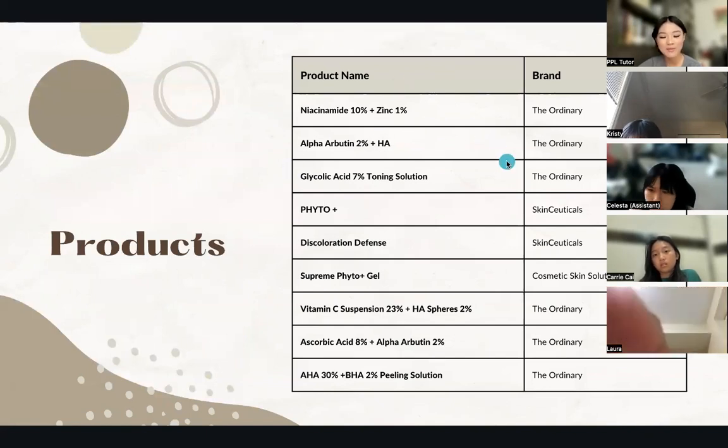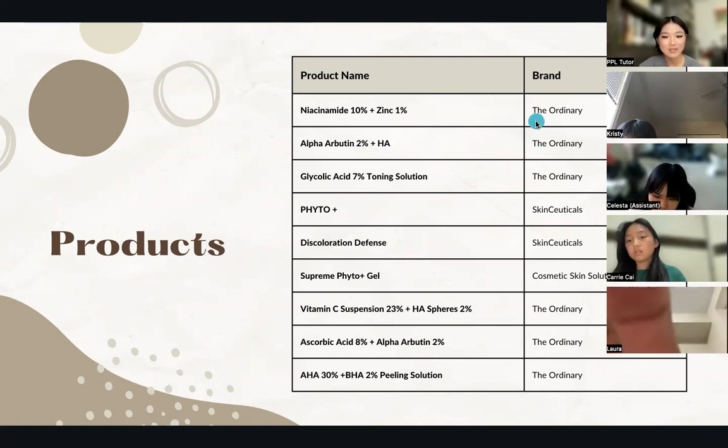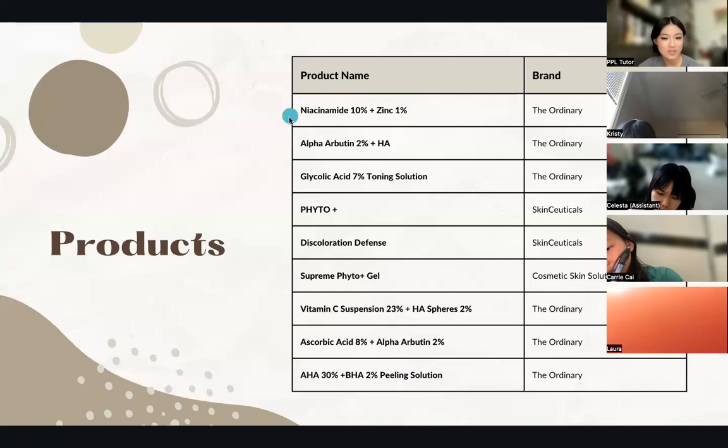One of my favorite brands is The Ordinary. I'm not sure if you guys have heard about it, but it's very affordable. Like this serum is, I think, like $10, not even $10. And it's very high concentrations of these ingredients. Niacinamide is great for your skin.